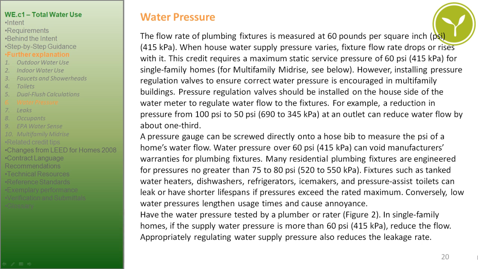Conversely, low water pressures lengthen usage times and cause annoyance. Have the water pressure tested by a plumber or rater. Figure 2. In single-family homes, if the supply water pressure is more than 60 psi or 415 kPa, reduce the flow. Appropriately regulating water supply pressure also reduces the leakage rate.